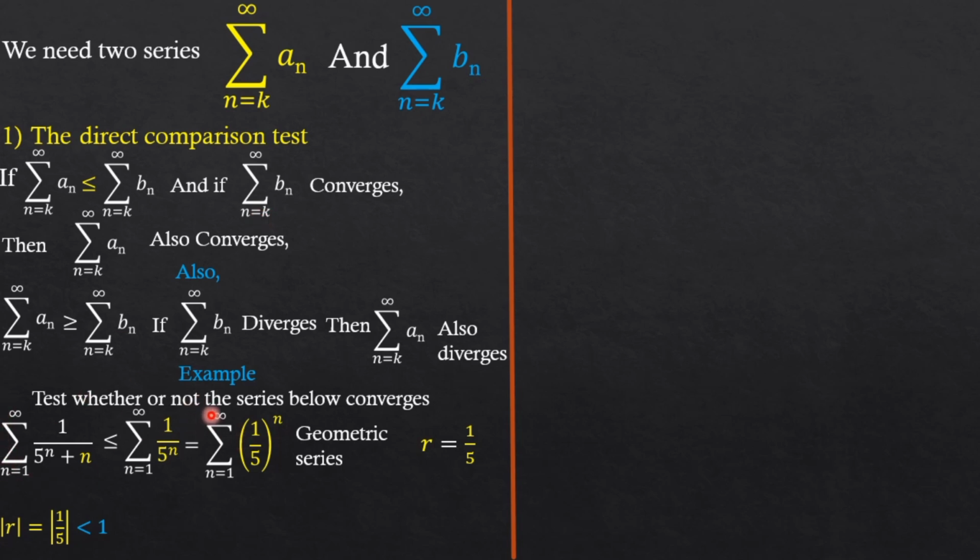Our series is less than a known series that we know converges. It therefore means that this original series, the series as n goes from 1 to infinity of 1 over 5 raised to the power n plus n, also converges. Guys, the word also in this case is very important. We have to state it in the test, by the direct comparison test.